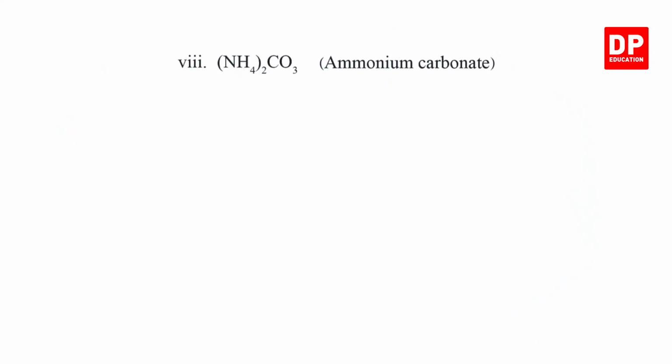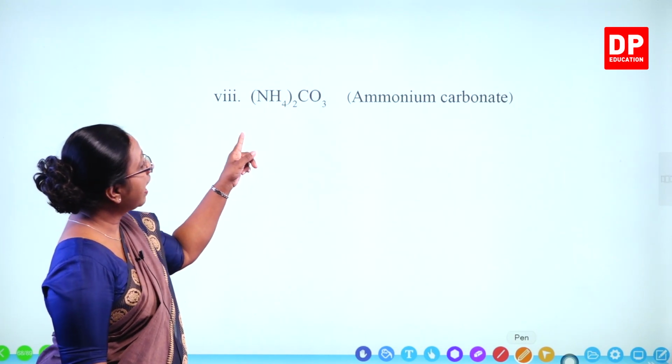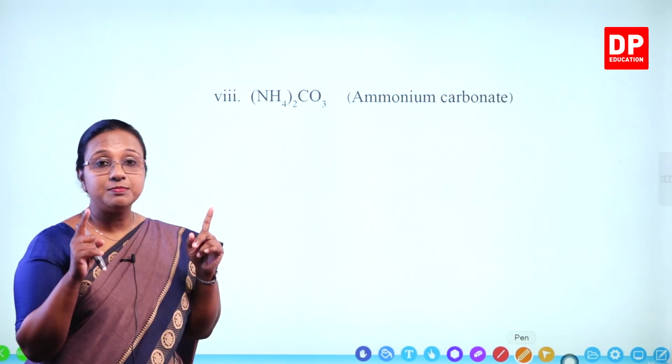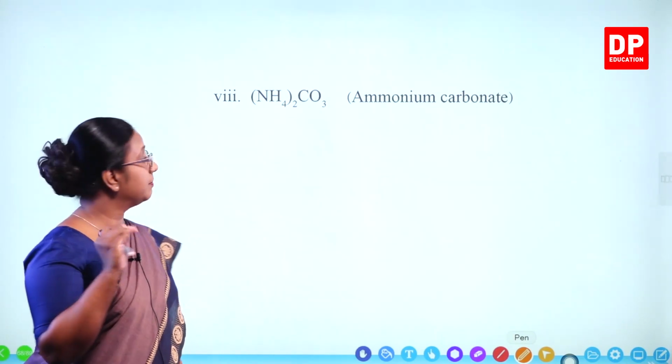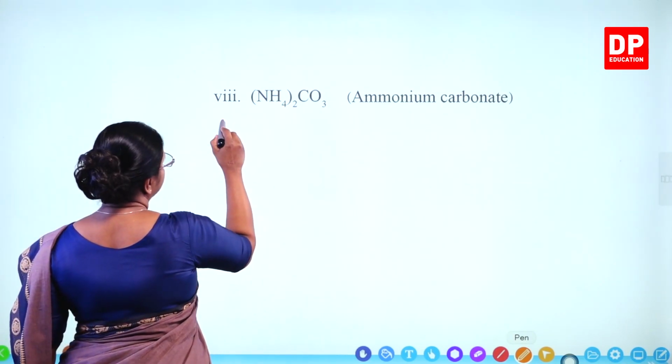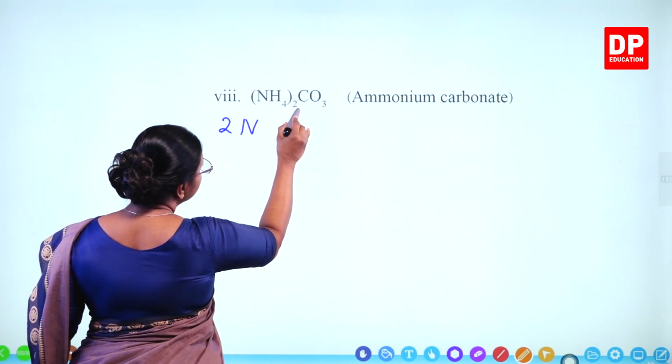The next one is ammonium carbonate. Now, here again you can see ammonium is within brackets. That means there are 2 ammonium ions. So, how many nitrogens? 2 nitrogens and 4 into 2.